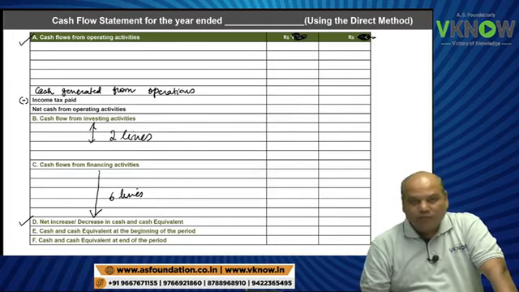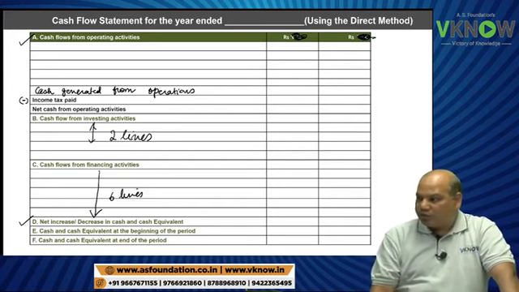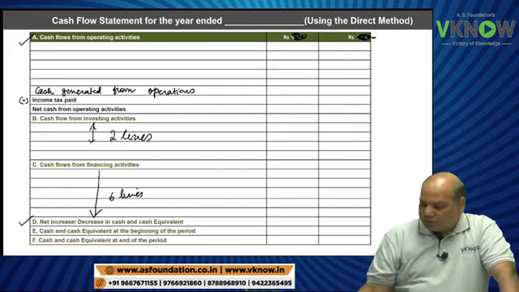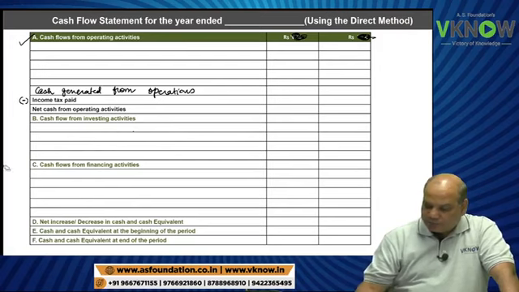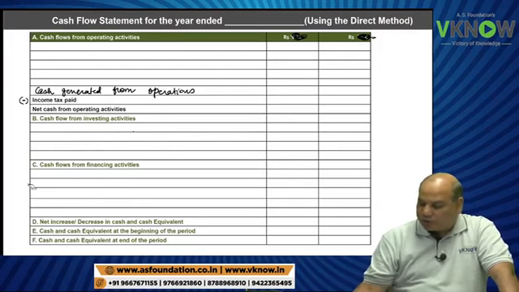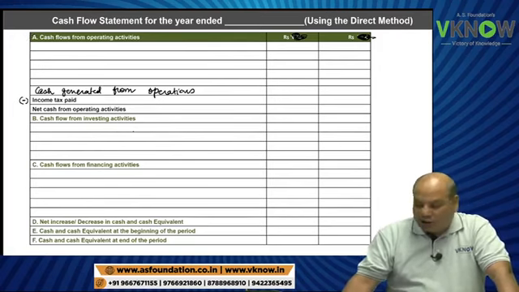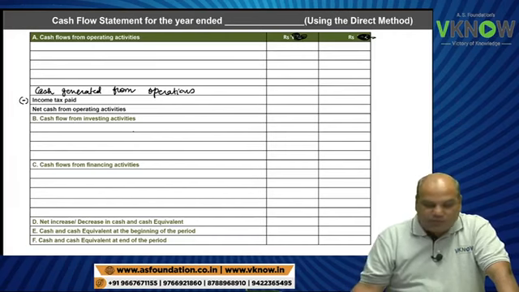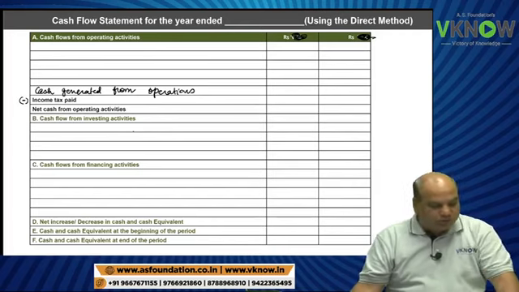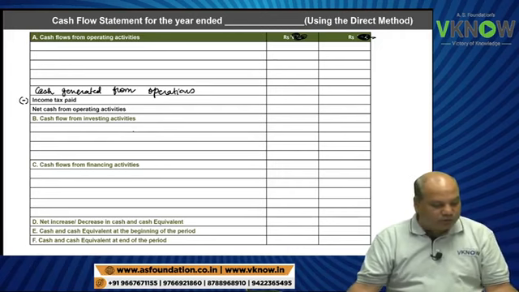Point number E, cash and cash equivalent at the beginning of the period. Last line, cash and cash equivalent at the end of the period.